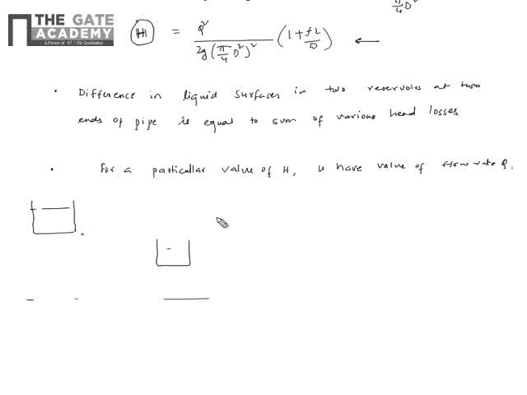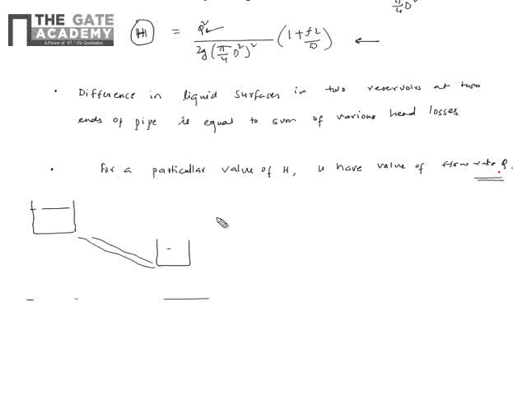And if I am using a constant diameter pipe, then I can supply flow only up to a limitation. So the flow rate is fixed. For a given H and a given diameter pipe, the flow rate is fixed. So I can know how much quantity of water I can transfer per second. That comes from this equation.